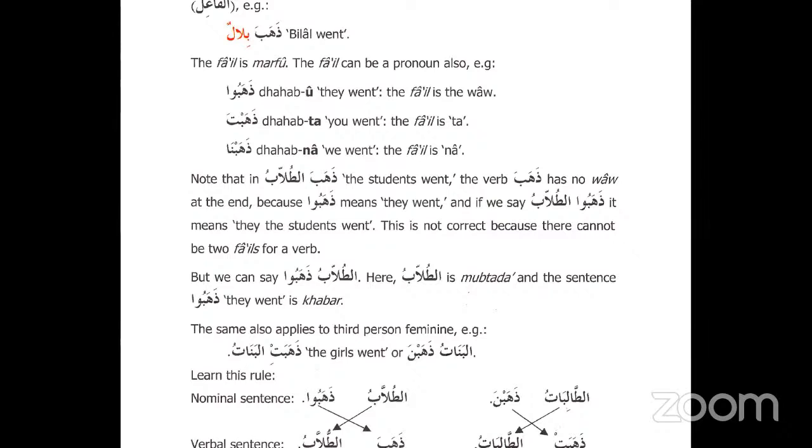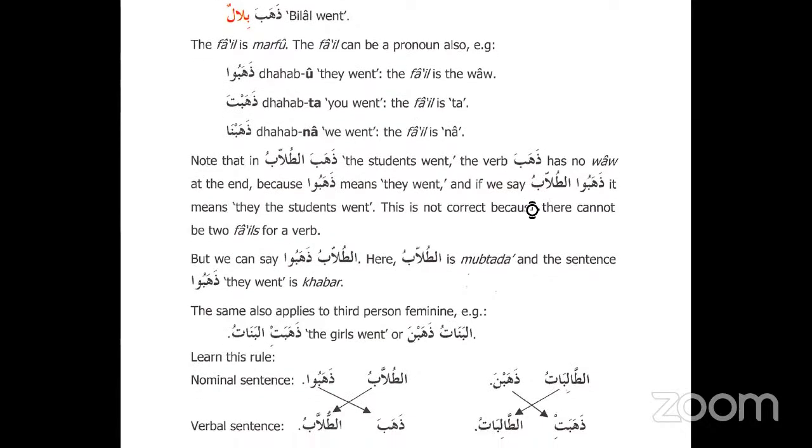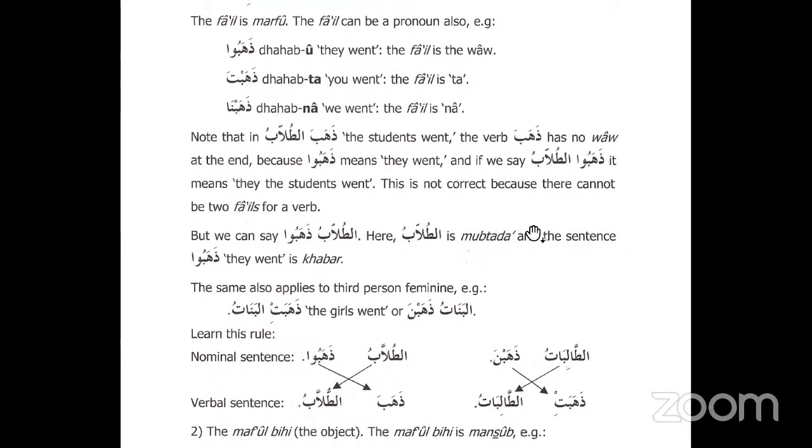Note that in Zahabat at-Tulabu, the students went, the verb Zahaba has no waw at the end, because Zahabu means they went. And if we say Zahabu at-Tulabu, it means they, the students went.